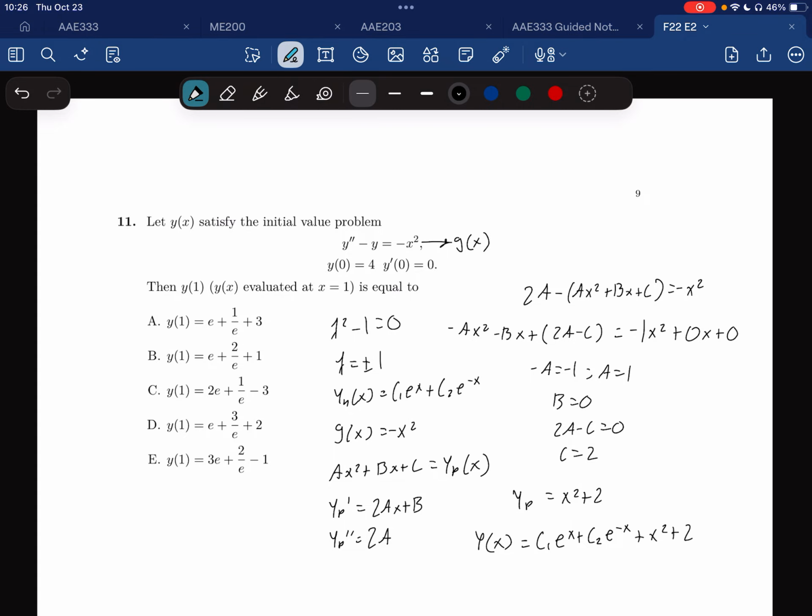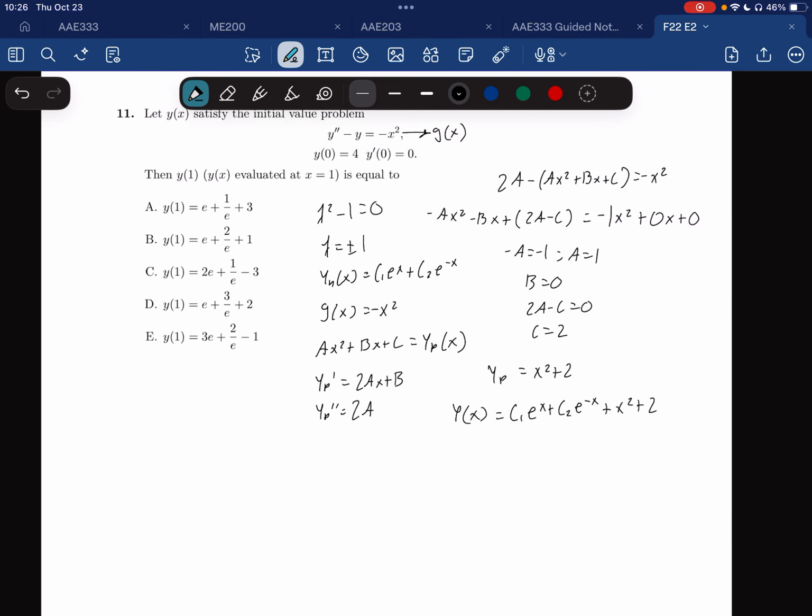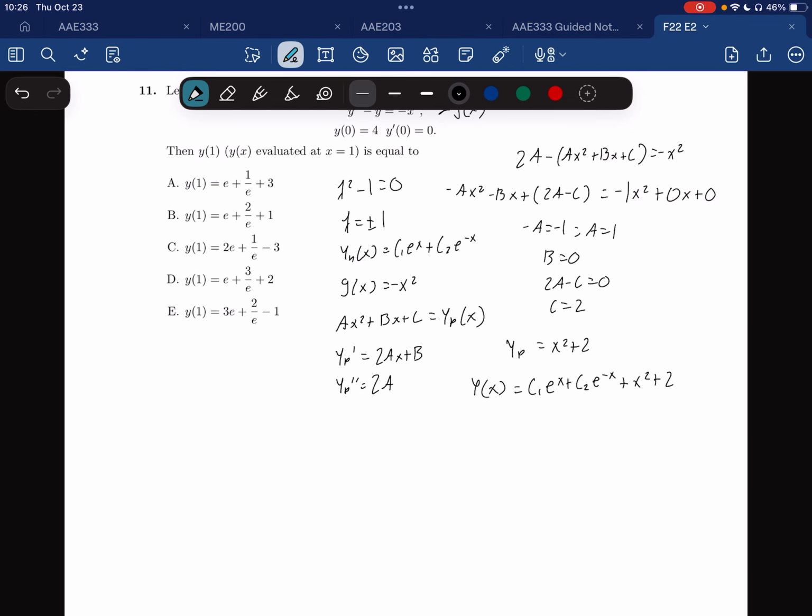It's worth mentioning I did not multiply the particular solution by any power of x because there was no overlap there. Our homogeneous was all e to the x's, e to the minus x's, and our g of x was just this higher order polynomial. So there's no overlap there.